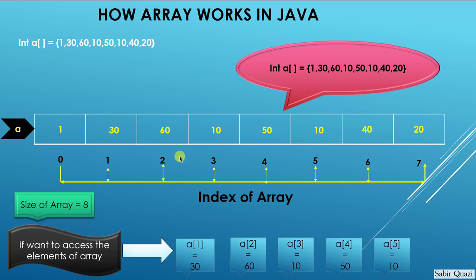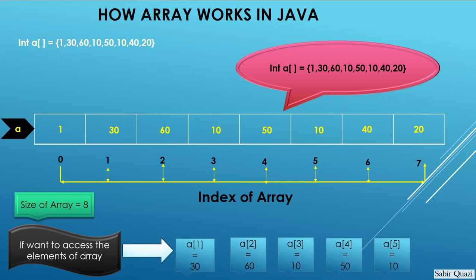In this picture we can say this 1 is the index number of the value 30. Here we can see the size of the array is 8, since the array started with index 0, which holds the value 1, and the last value it holds is at index 7.